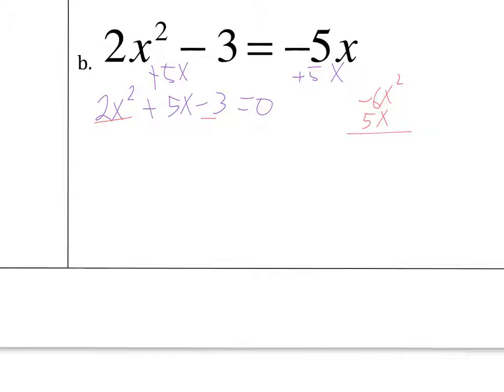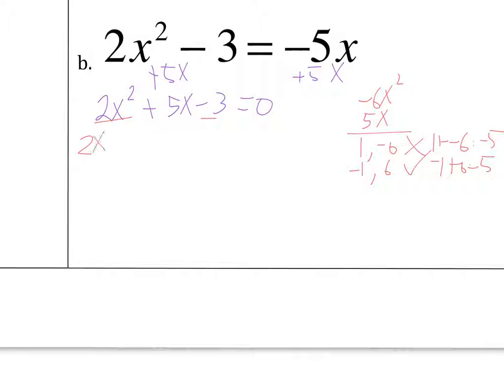Okay, two things that multiply to negative 6 are going to be 1 and negative 6, but 1 plus negative 6 is negative 5. I want positive 5, so what if I switch this around? Negative 1, positive 6. If I do negative 1 plus 6, I get 5. That is the one I want.